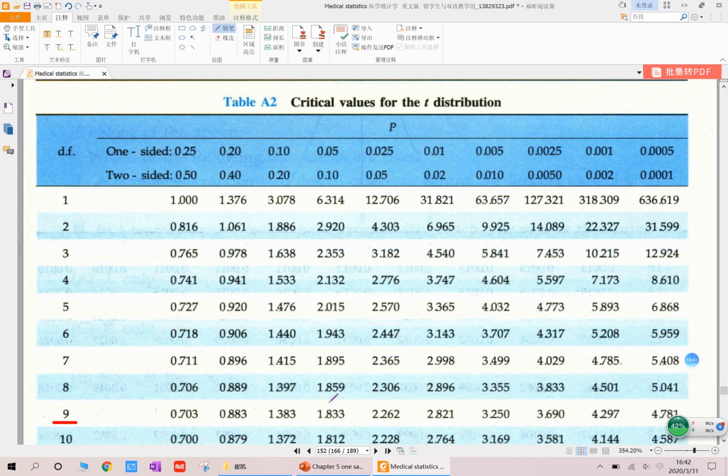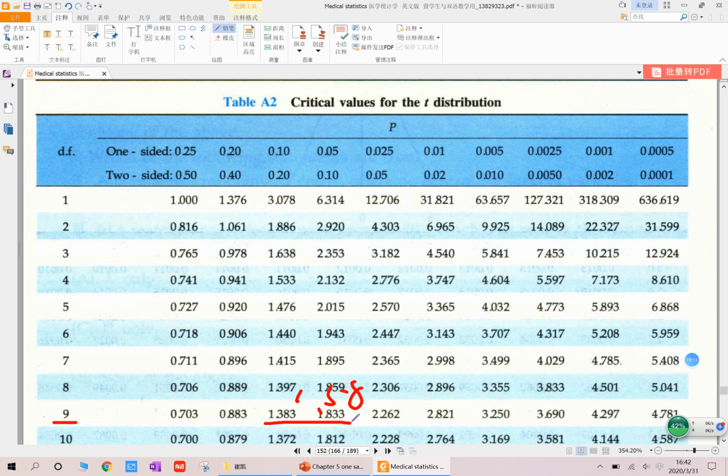another special thing. The number is 1.58. That is what we get from the data of the question. And we find that this number is between these two numbers, right? 1.383 and 1.833.